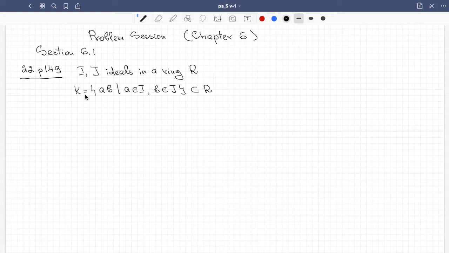There is an exercise when it is A plus B, and it is easy to prove that it is an ideal.